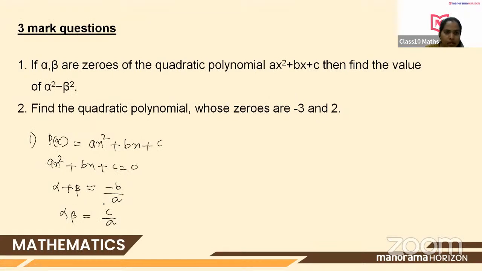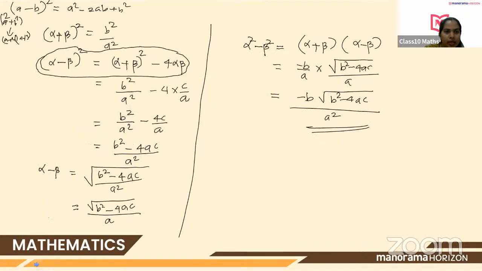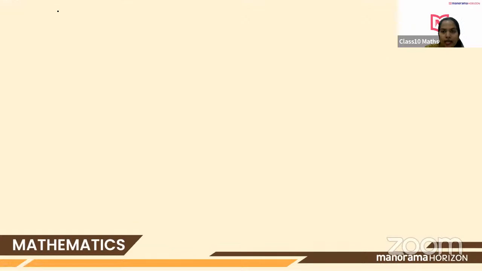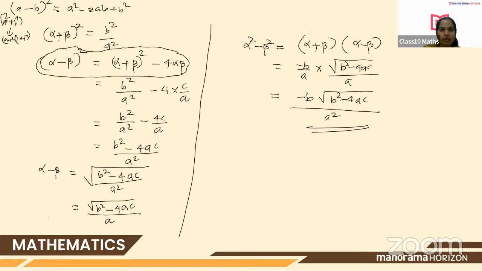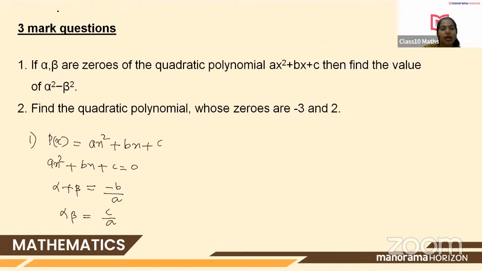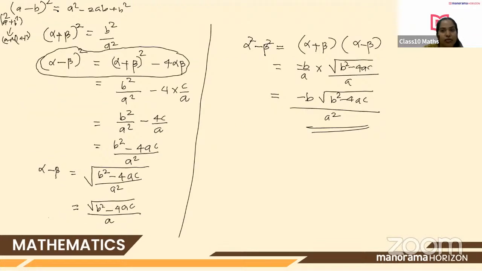So here a plus b is minus b by a. And when we combine that equation, we get alpha plus beta, the whole square minus 4 alpha beta. I will explain it in the last. So the next question is, find the quadratic polynomial whose zeros are minus 3 and 2.